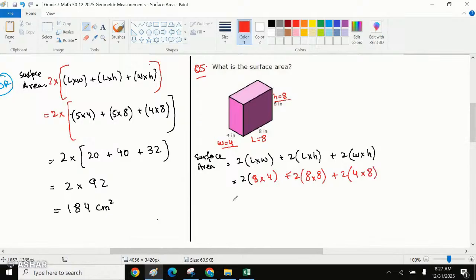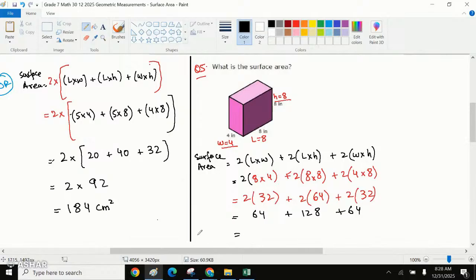So can we say that 8 multiplied by 4 is 32? 8 multiplied by 8 is 64. And 4 multiplied by 8 is again 32. Once we multiply them by 2, this is 64, this is 128, and this is 64.